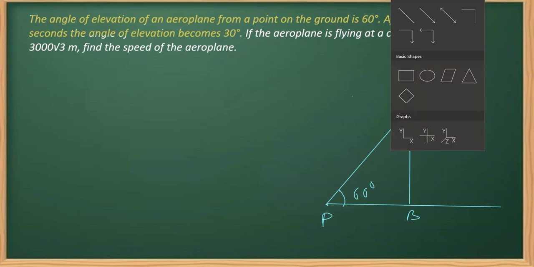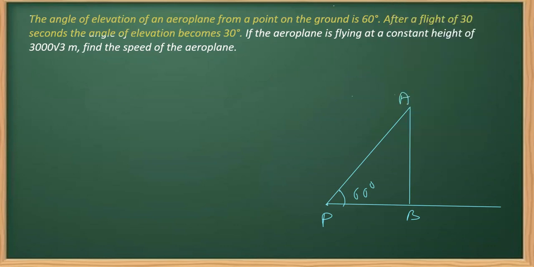That means the aeroplane is moving on the other side of the point of observation. That means it is moving in this direction, right? It is here and then it is moving in this direction. And after a flight of 30 seconds, the angle of elevation now changes to 30 degrees.